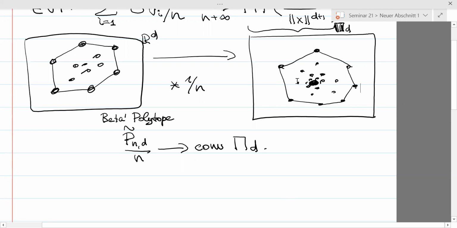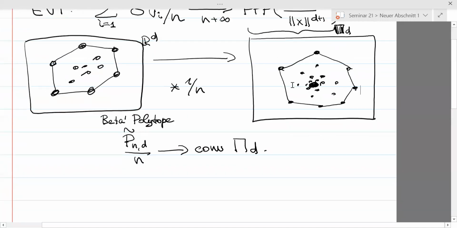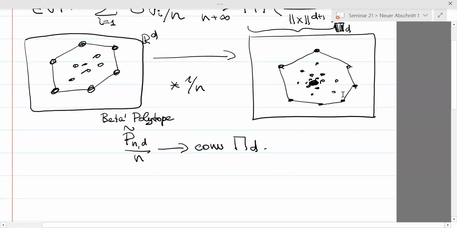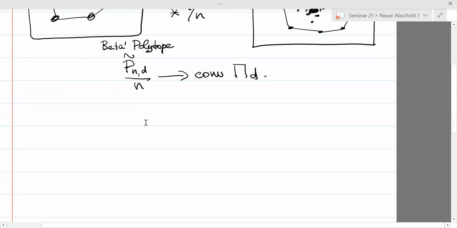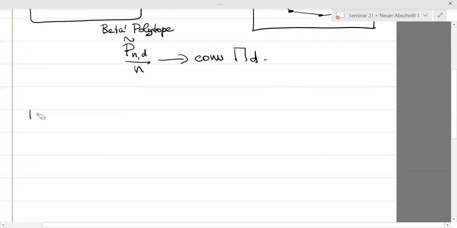And now for this convex hull, we have the following result. So it's another theorem, and it has almost the same form as the very first theorem.